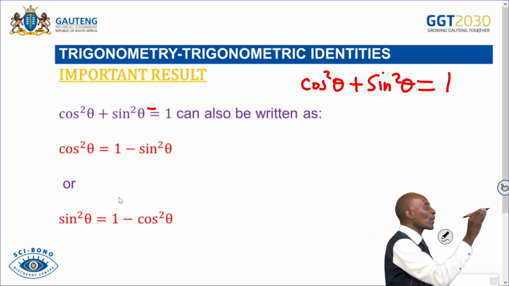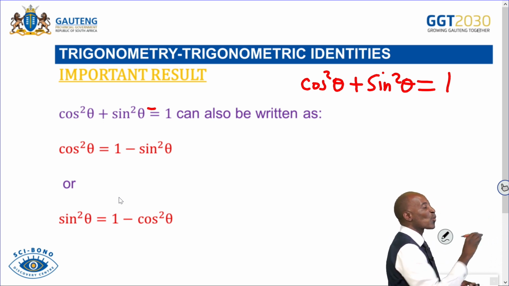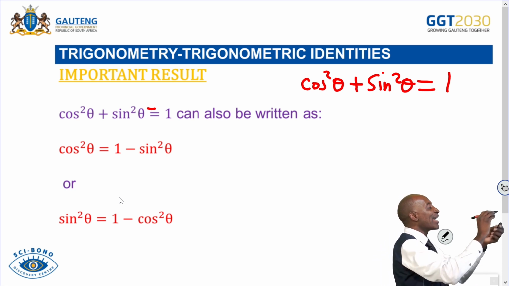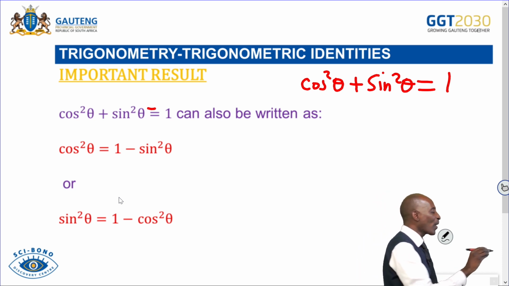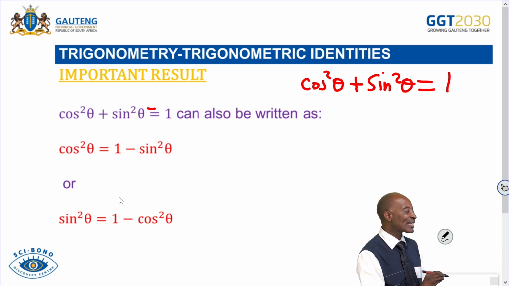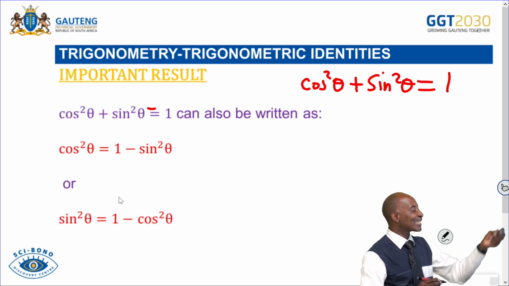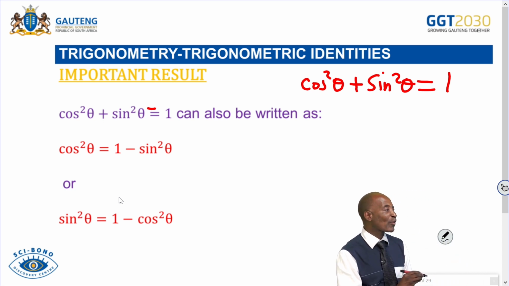So what are we then saying? The same identity can be written as cos squared theta equals 1 minus sine squared theta. What have we done here? We have made cos squared theta the subject of the formula. Or sine squared theta equals 1 minus cos squared theta. This time around, we have written the identity making sine squared the subject of the formula.